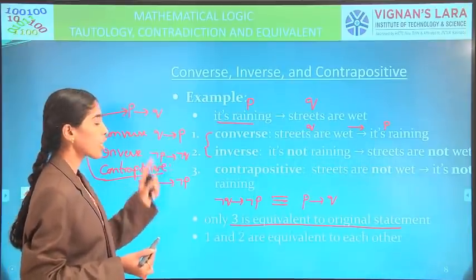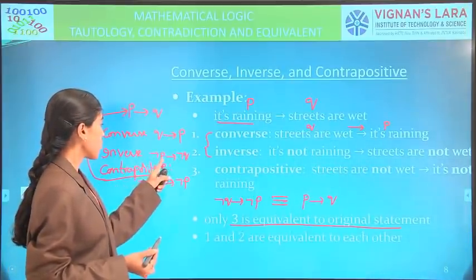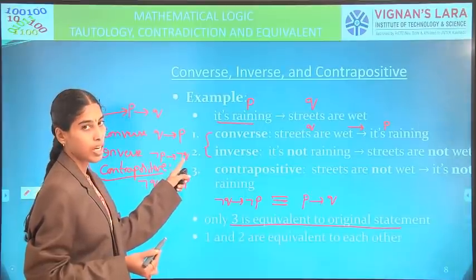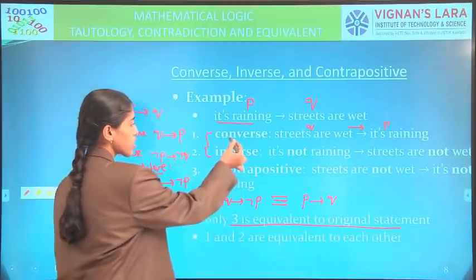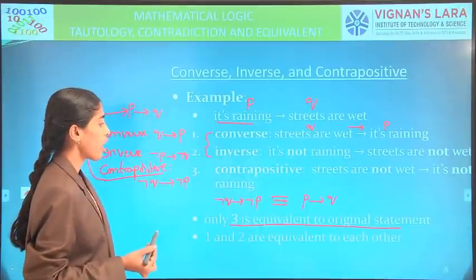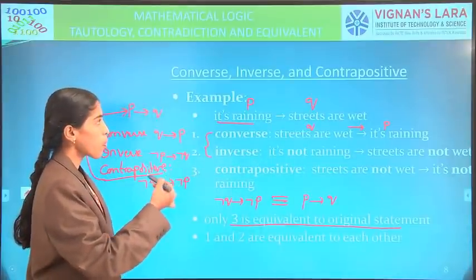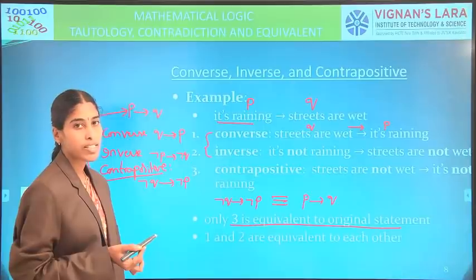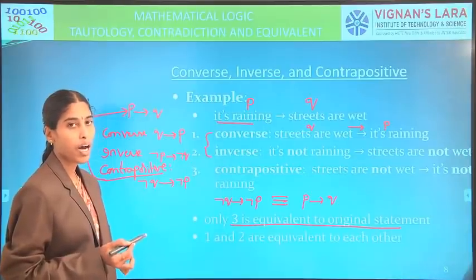Converse is Q conditional P and its inverse is negation P conditional negation Q. So converse and inverse are equivalent, and also contrapositive and the given conditional statement P conditional Q are equivalent.